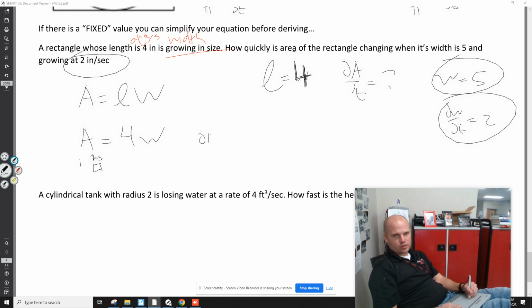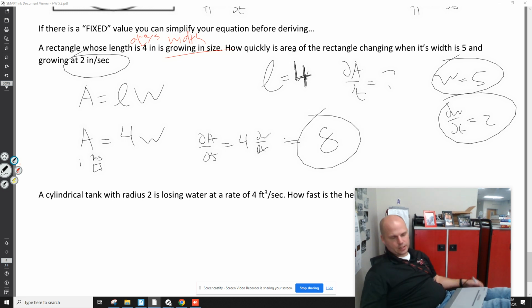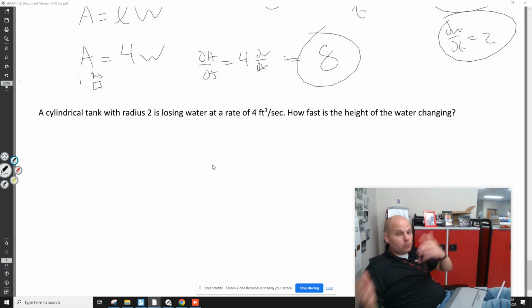Watch how this works. dA/dt equals 4 dW/dt. I get that answer 8 without having to know that dL/dt is 0. We'll see that next class. There are situations where you can either just take the derivative and know that d blank dt is 0 because it's fixed, or plug it in earlier. It'll help you be able to get the correct answer a little bit easier.